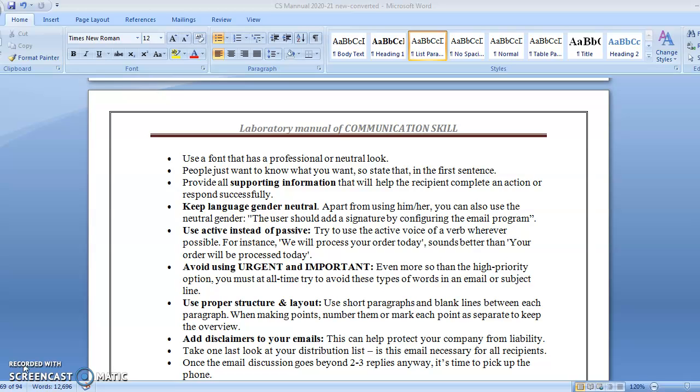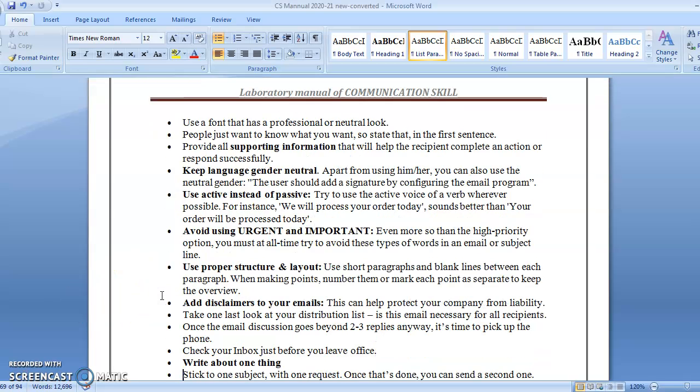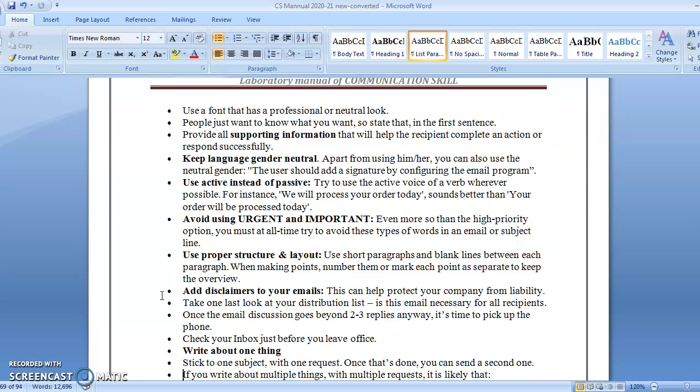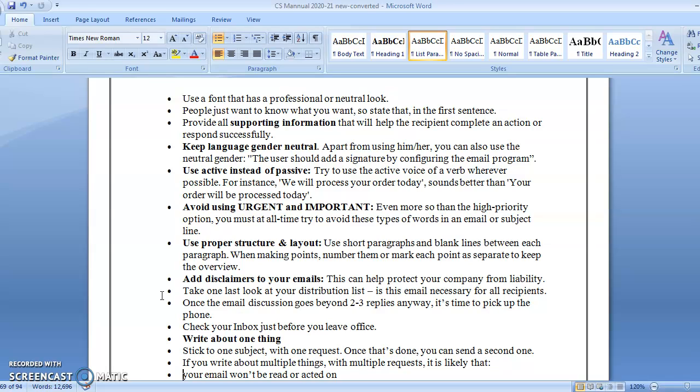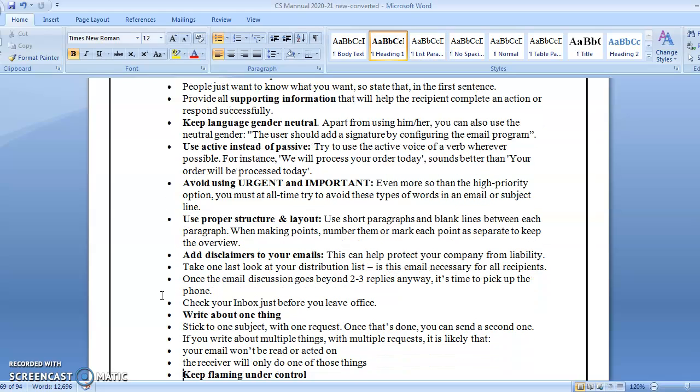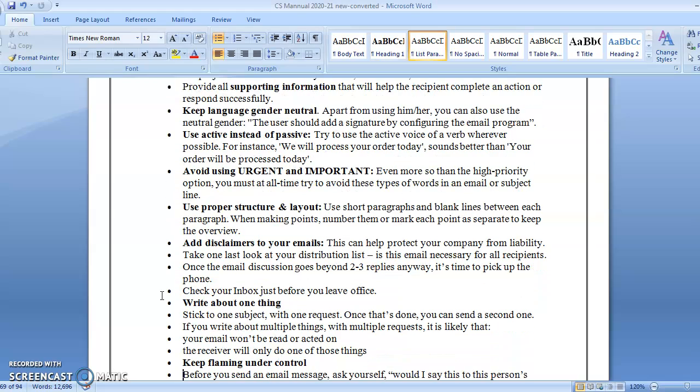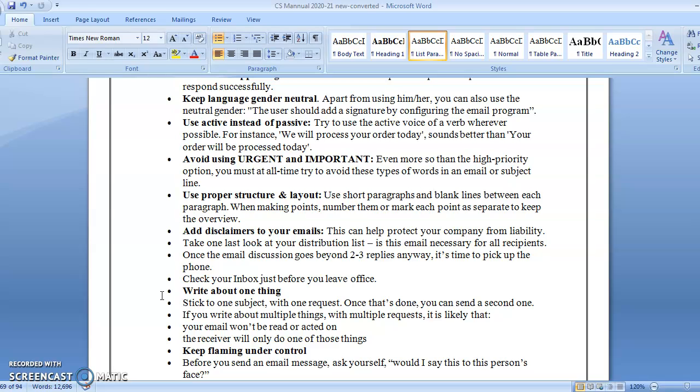Use active instead of passive language. Avoid using urgent and important or high priority options. You must at all times try to avoid these types of words in an email or subject line. This is very important. Don't use urgent and important. Use proper structure and layout. Write about one thing, so stick to the subject.